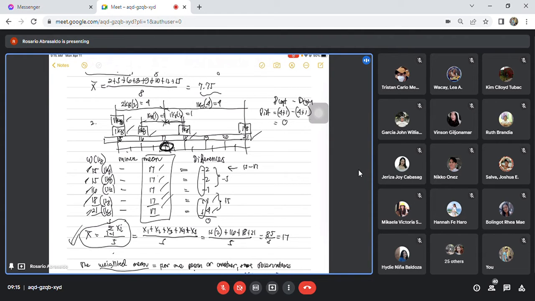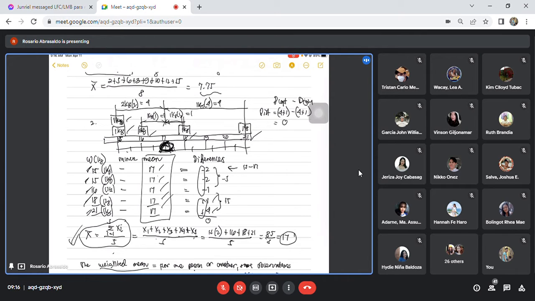So we have x sub 1, x sub 2, x sub 3, x sub 4, x sub 5, expanding the formula for the summation notation. Therefore, our mean is 17. So that's why in the mean balance, our mean is 17.